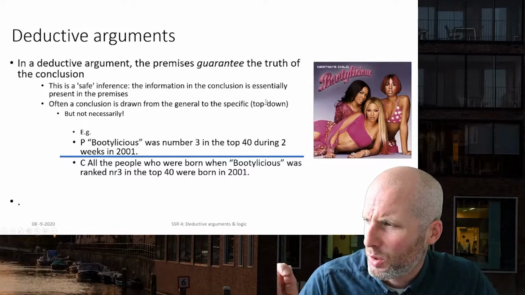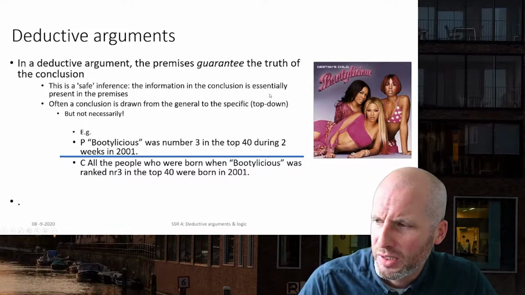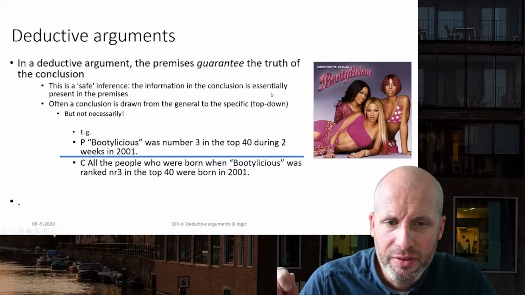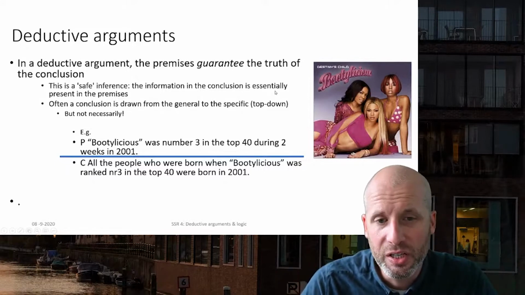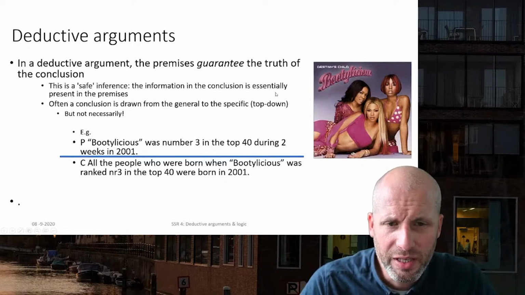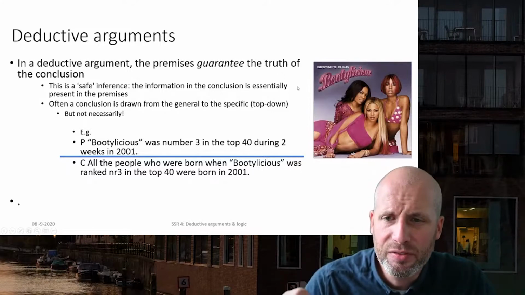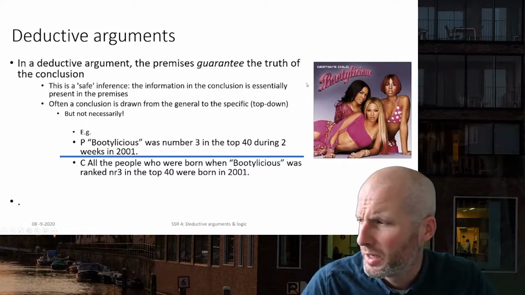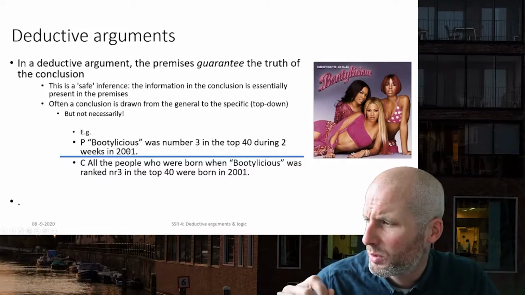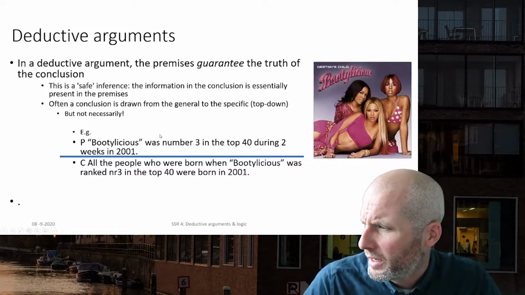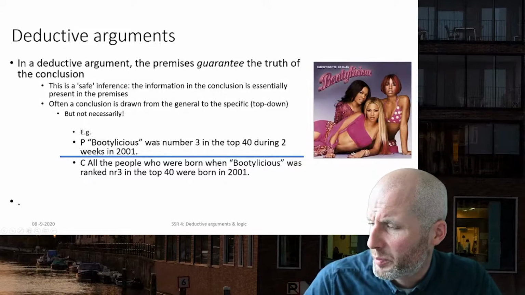People often say that a deductive argument, or at least a deductive inference, is where you go from a general principle to a specific instance, like from a theory to a hypothesis. That doesn't necessarily have to be the case, right? So that would be an example of the inverse being the case. So I start with a specific premise.